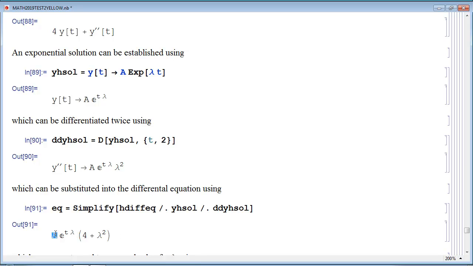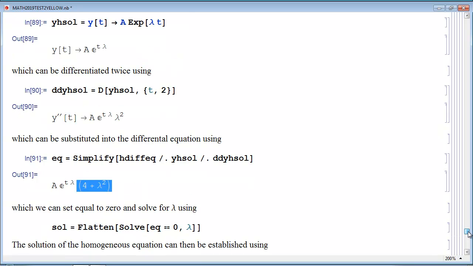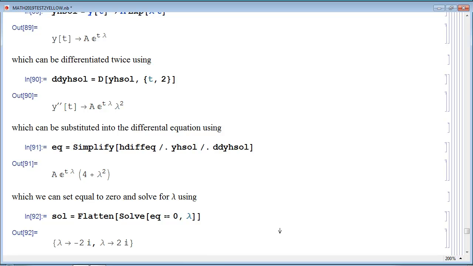First of all, a can't be 0, because if a was 0, the solution would be 0. And secondly, it involves the factor e to the t lambda, and that can never be 0 either. So we conclude that lambda squared plus 4 must be 0, and that's a quadratic equation, and we can solve for that using that. So we get two values of lambda, 2i and minus 2i, and so they're imaginary.